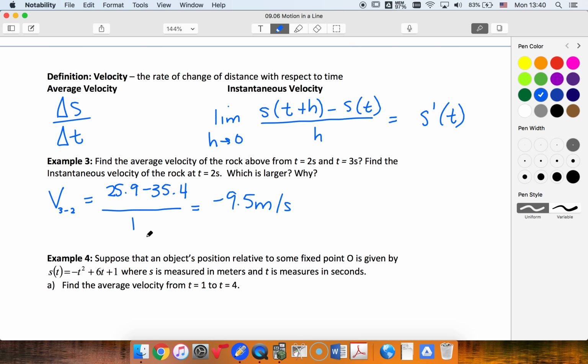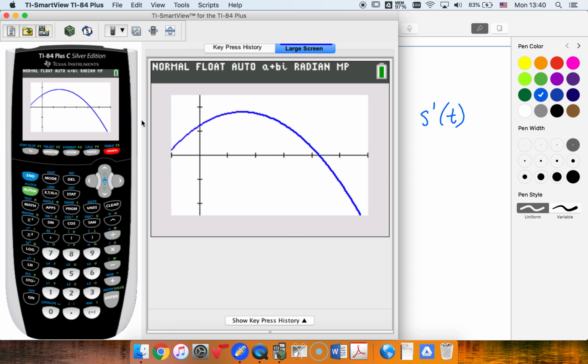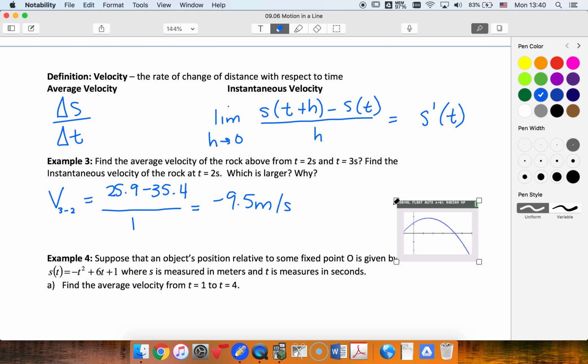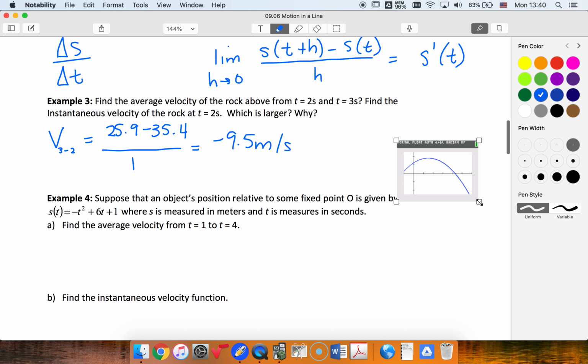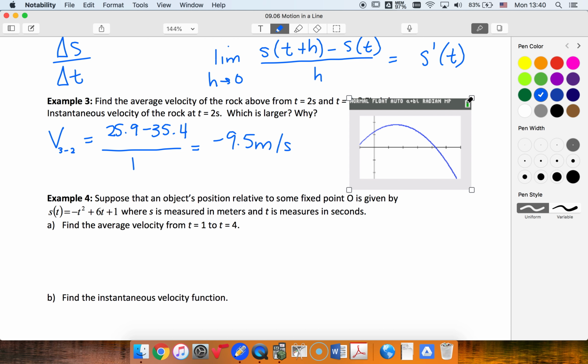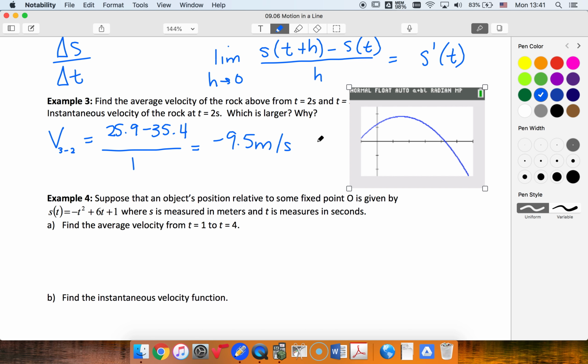So thinking about this, really what I've done is, if I come back to my graph, if we think about what we've done here, what we're really doing is putting in a secant between 2 to 3 seconds.